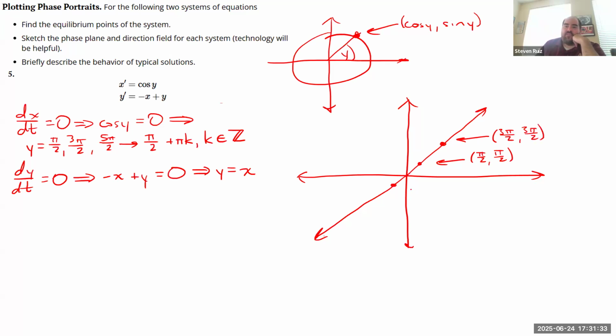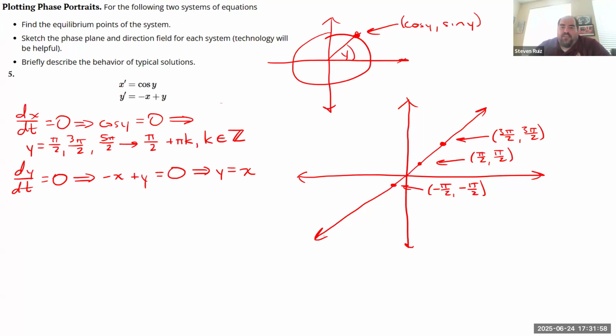Or if you prefer, I can go backwards. Negative pi over 2, negative pi over 2. It might be weird to look at a straight line and start plucking off values that you associate with trigonometry, but that's where I believe I have equilibrium.